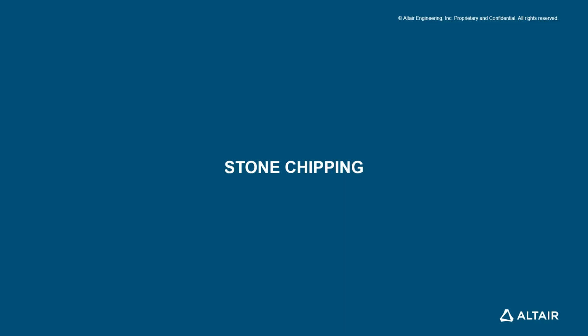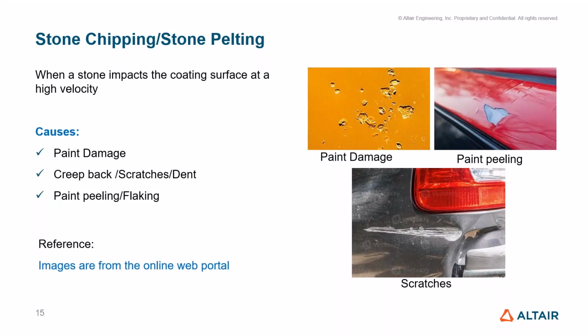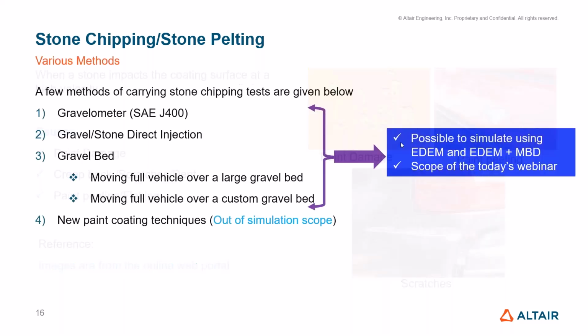Now we will enter into the actual application, that's stone chipping. Stone chipping, briefly, is when a stone impacts at high velocity and the coating surface gets damaged. The major causes of stone chipping are paint damage, scratches or dents, and paint peeling or flaking.